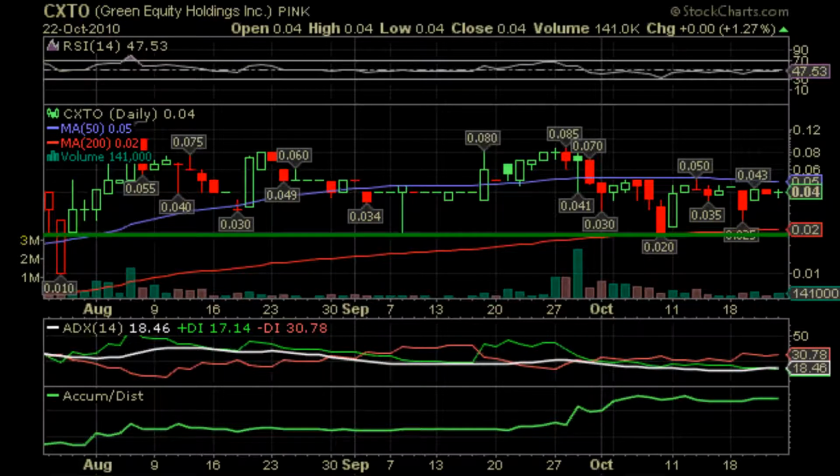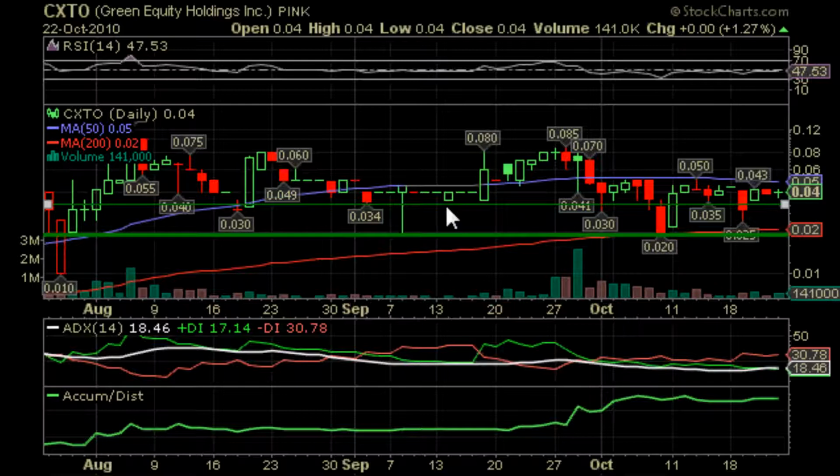So that is definitely going to be our strongest line of support. Next, looking at a second level of support, we're going to find that line right about 0.03.